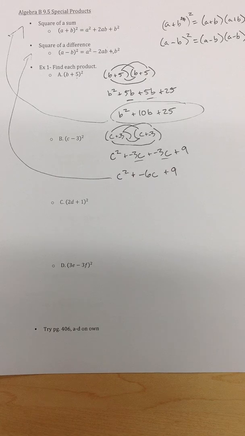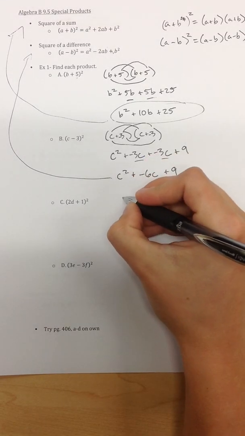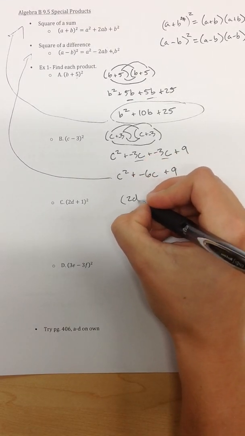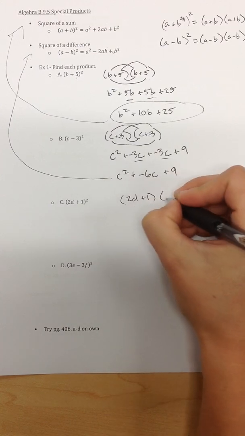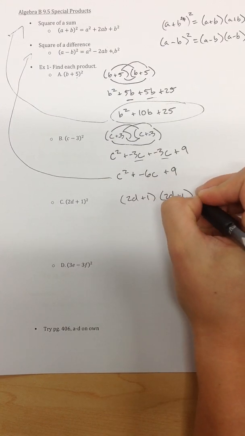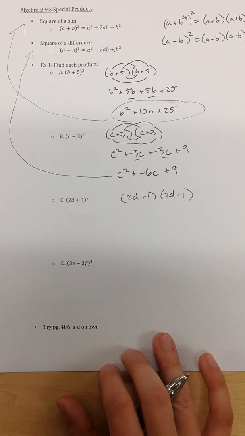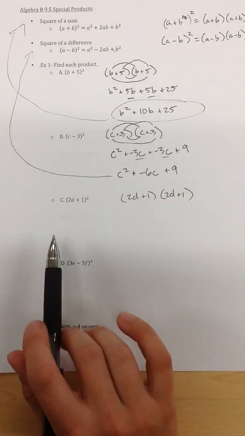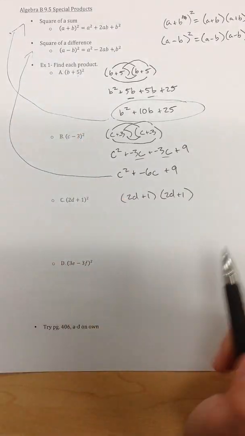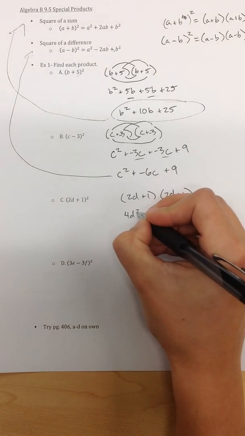Like I'll kind of just show you the short way on this next one here. So if I wanted to expand it out, I could. 2d plus 1 times 2d plus 1. So if I'm going the quick way here, I'm going to take my first things and multiply those for my a squared. So that would be 4d squared.